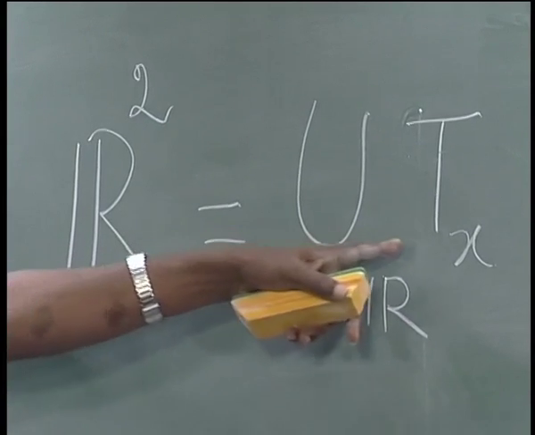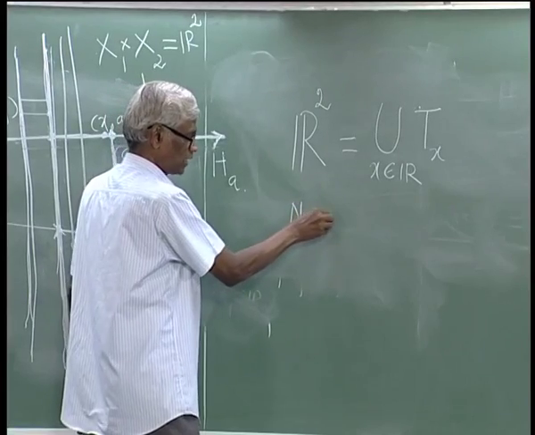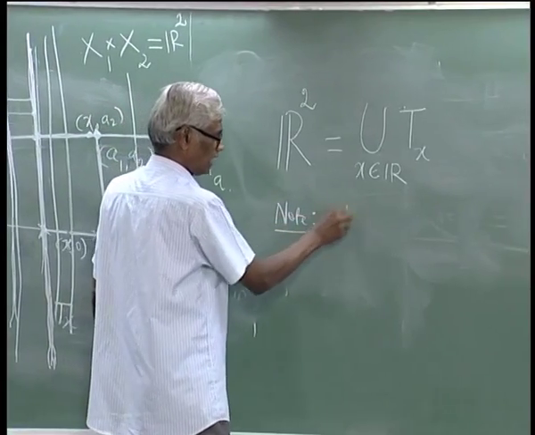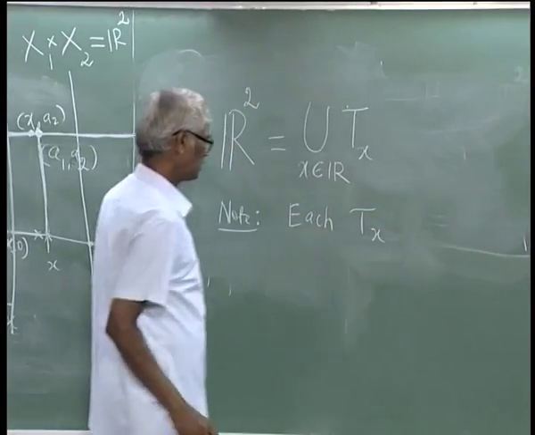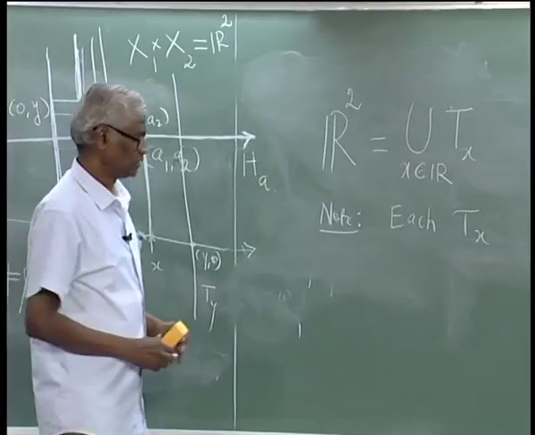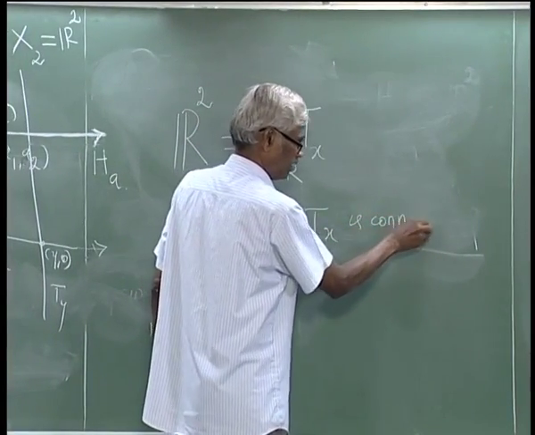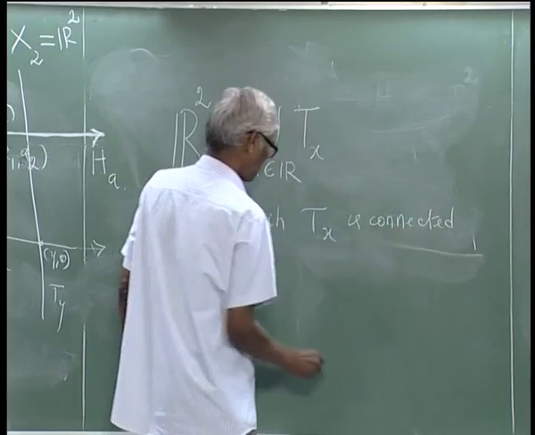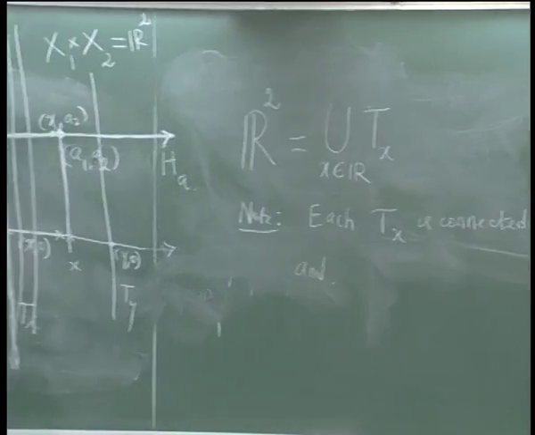Note that each T_x is a connected subset of R2, and we need a common point.